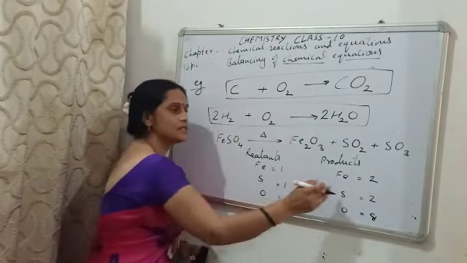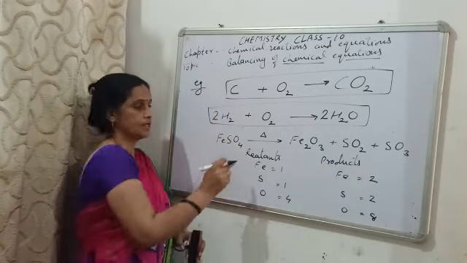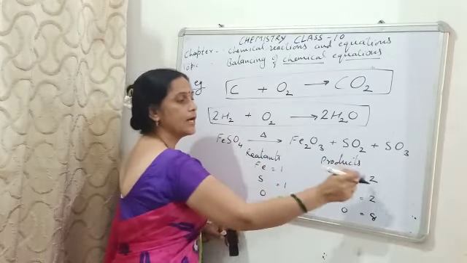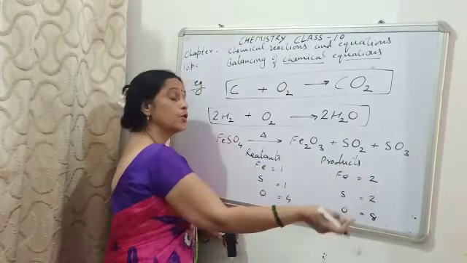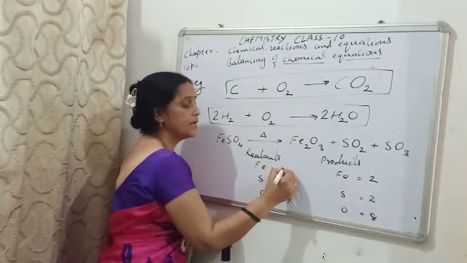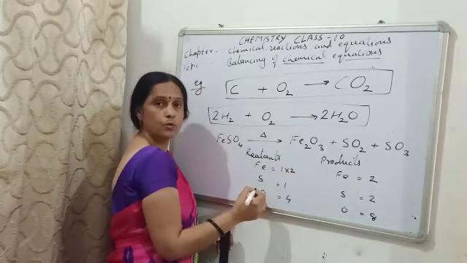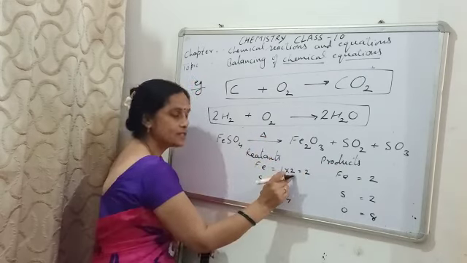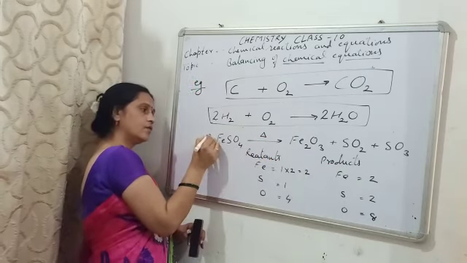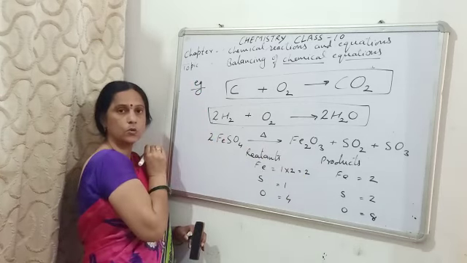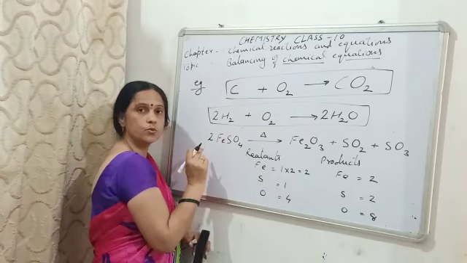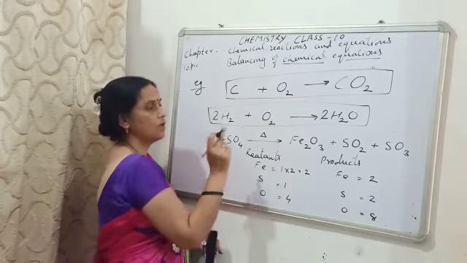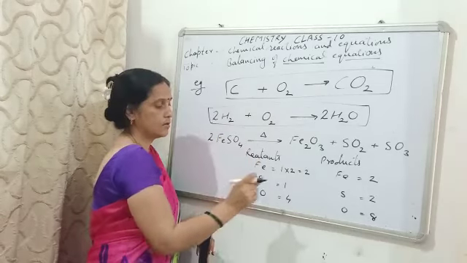Now, balance these numbers. Iron 1, iron 2. So, we should multiply 1 by 2 to make it 2 and place this number in front of the formula. Now iron becomes 2. Now the turn is sulfur.